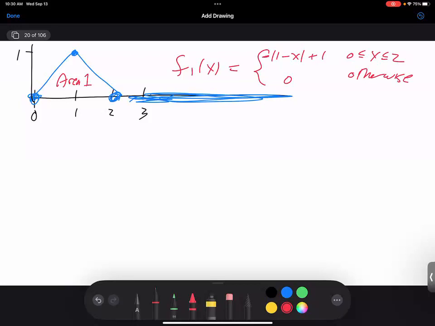There we go. One minus the absolute value of 1 minus x. This is just the correct way to write down the triangle function. So if I choose that to be my function f1 of x, that's going to have area under its curve of 1. What should I take f2 of x to be?